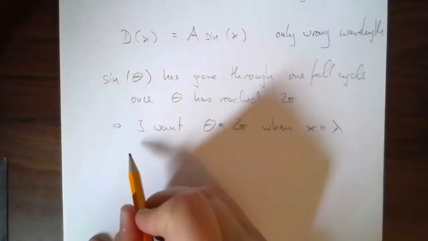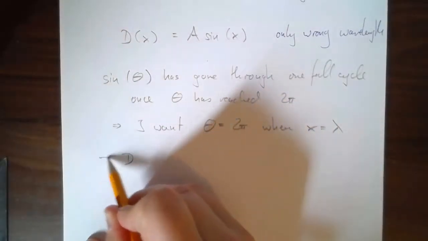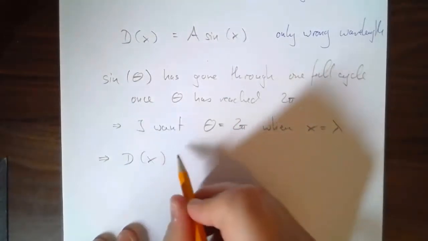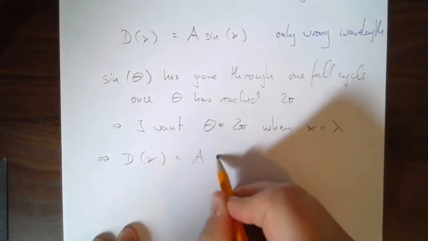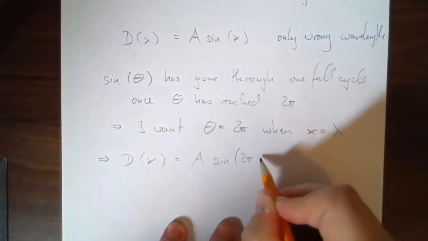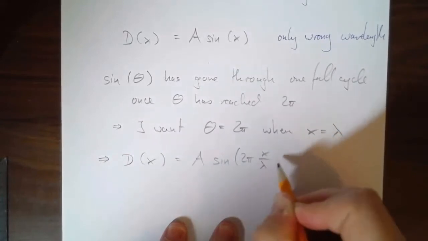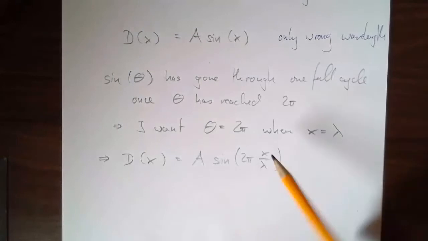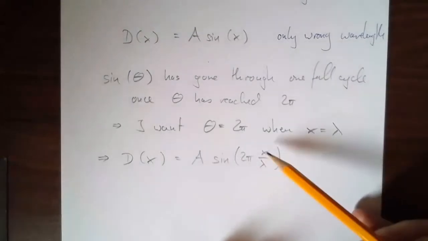And you can check that it happens if I let d of x be equal to A sine of 2 pi x over lambda, right? Because now, if x is 0, the whole thing is 0.